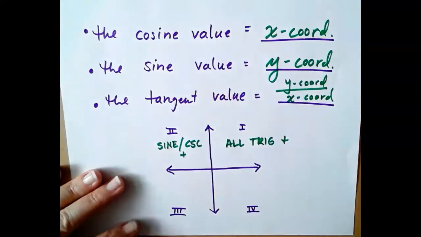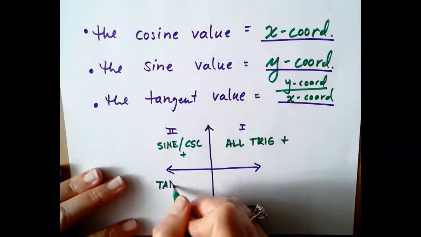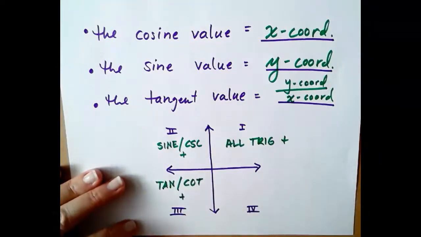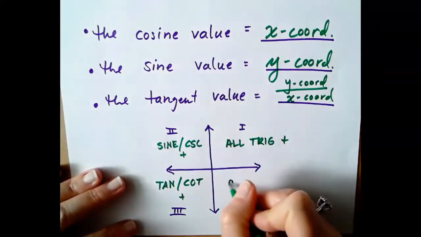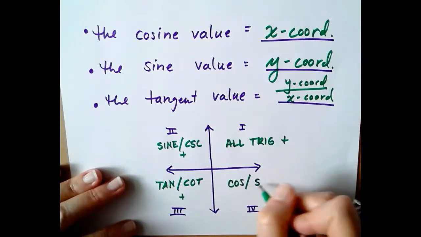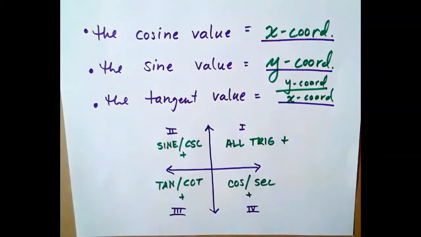Everything else is negative. In quadrant 3 is the tangent and the cotangent. They are positive. Everything else is negative. In quadrant 4, we have the cosine and its reciprocal, the secant. They are positive in quadrant 4.